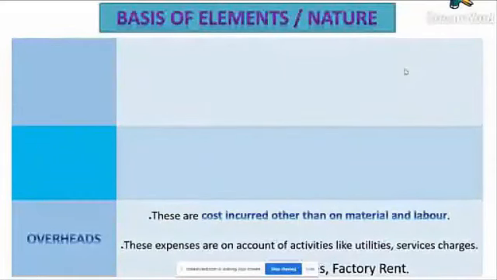Examples of these overheads could be factory rent and electricity charges. These are examples which are neither material nor labor, but which are classified as overhead. So this was the first classification on the basis of element or nature: either material or labor, or third, anything other than material and labor, which we call overheads.